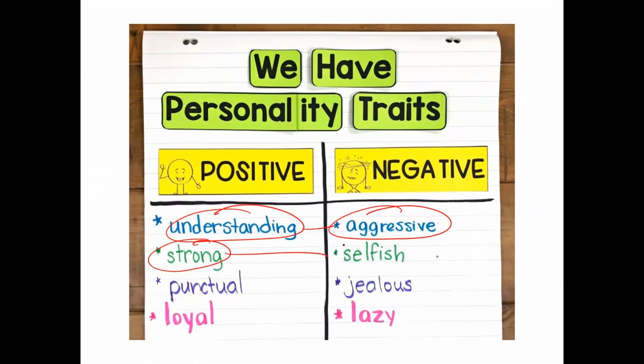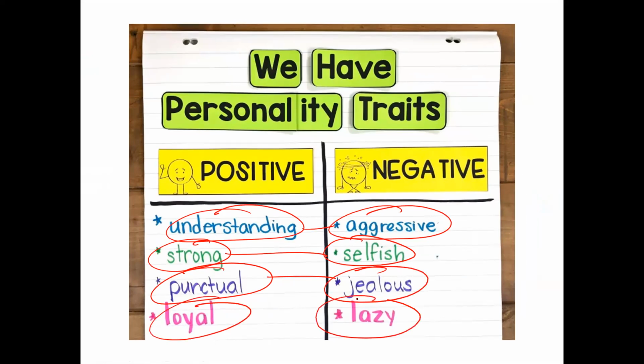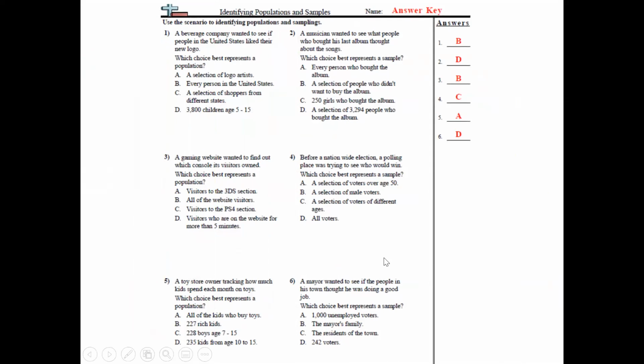Positive is strong. Negative is selfish. Positive is punctual. Negative, I guess you could put late and/or jealous. Loyal versus lazy. So I want you to try to identify a few of your own. These are some that I probably am as well. I try not to be jealous of certain things, but sometimes you just can't help it, dang it.